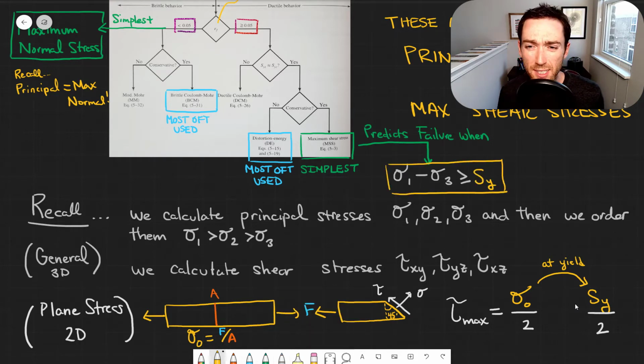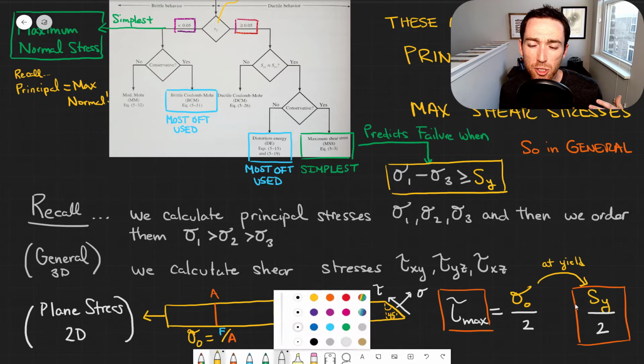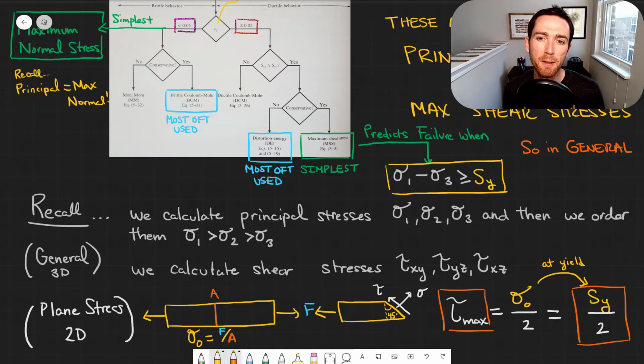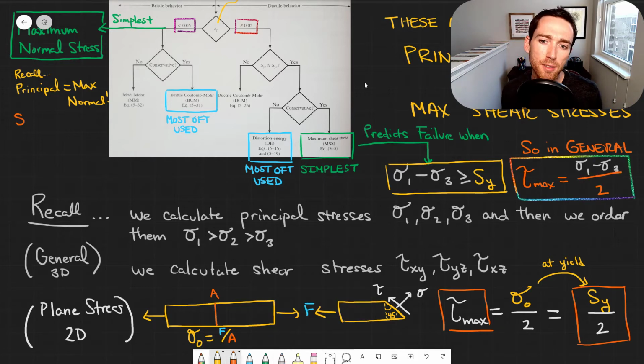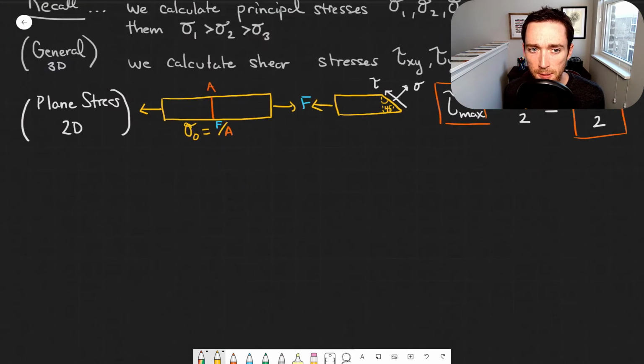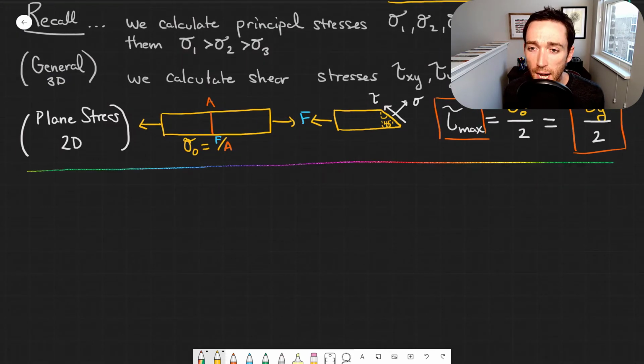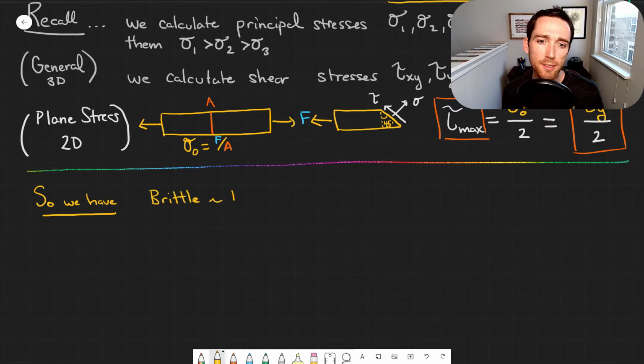So what this is getting at is that the maximum shear stress theory is just going to be the difference between the maximum normal and the minimum normal stress divided by 2. Okay, so about 50% of that nominal normal stress at yield.